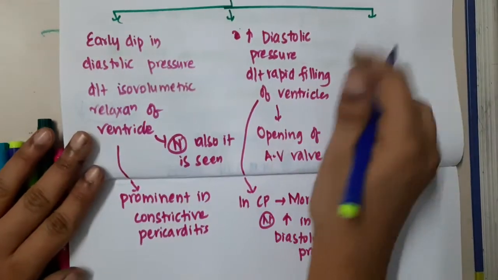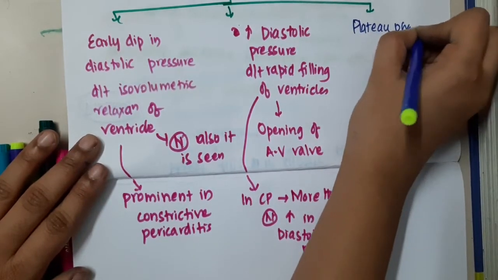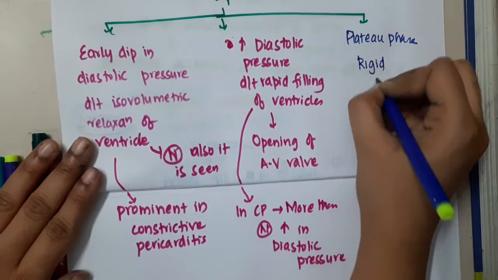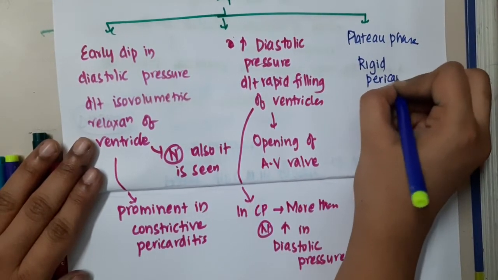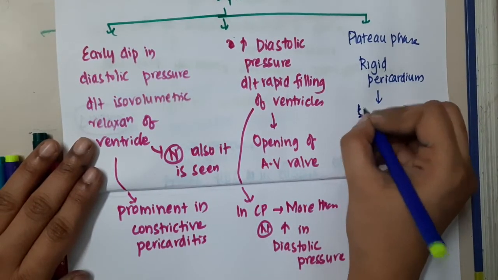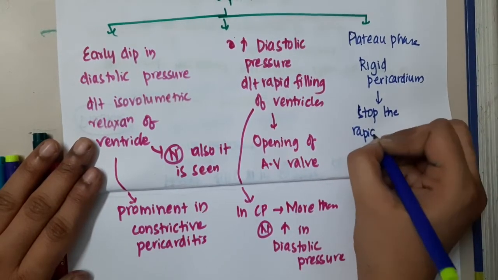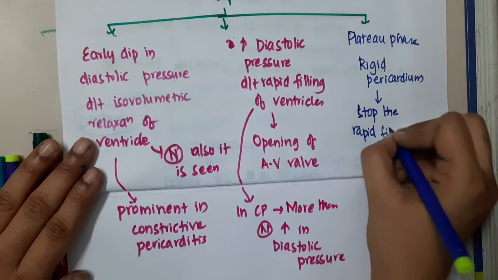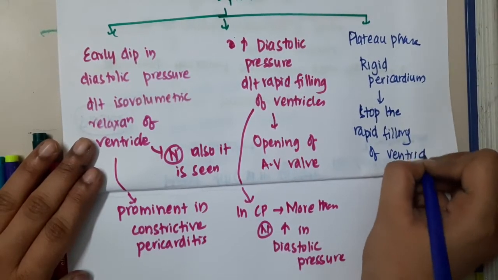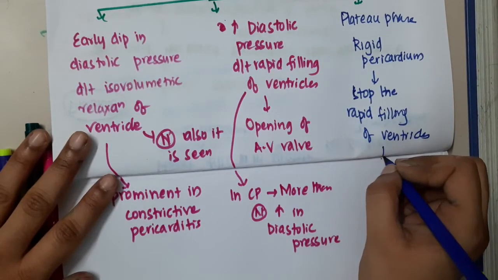Now the third phase is also called the plateau phase. Here in constrictive pericarditis there is a rigid pericardium, so once the filling has started, the rigid pericardium will stop the rapid filling of the ventricles.